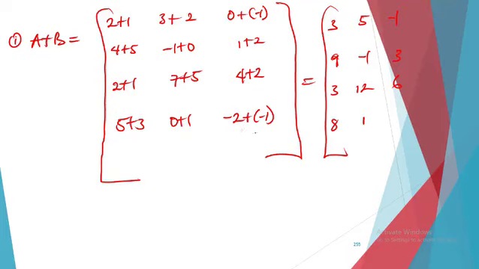Minus 2 minus 1 is minus 3. So A plus B is then equal to the new matrix that is formed here on the screen.